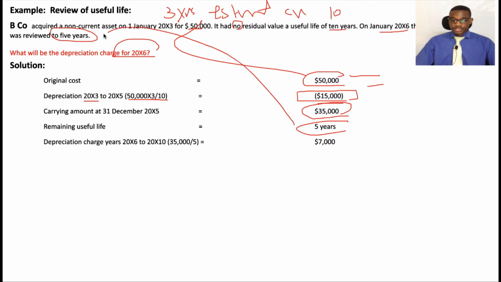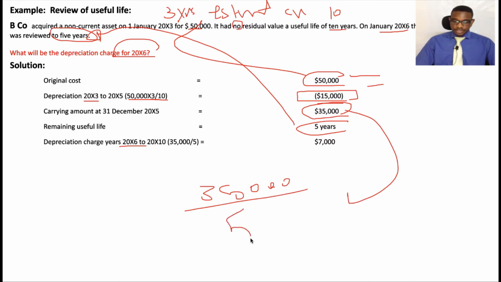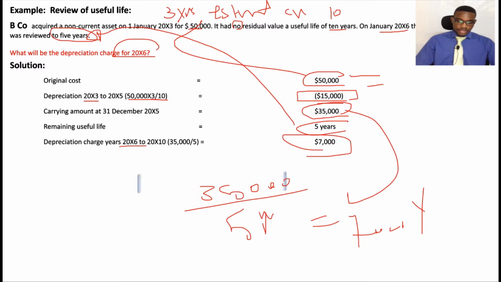The new depreciation charge for the years 20X6 to 20X10 would be this amount, 35,000 divided by 5 years, which would be 7,000 each year. This is the new annual depreciation.